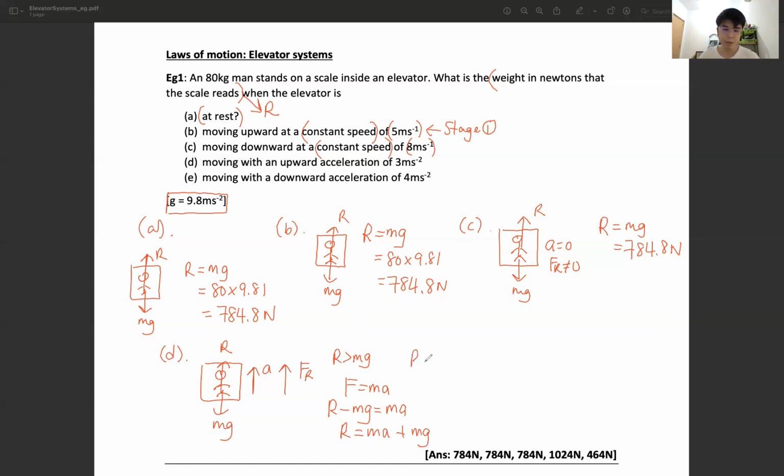So R equals m times (a plus g), with acceleration 3 plus 9.81, which gives 1024.8 newtons. Previously it was 784, now it is experiencing 1024.